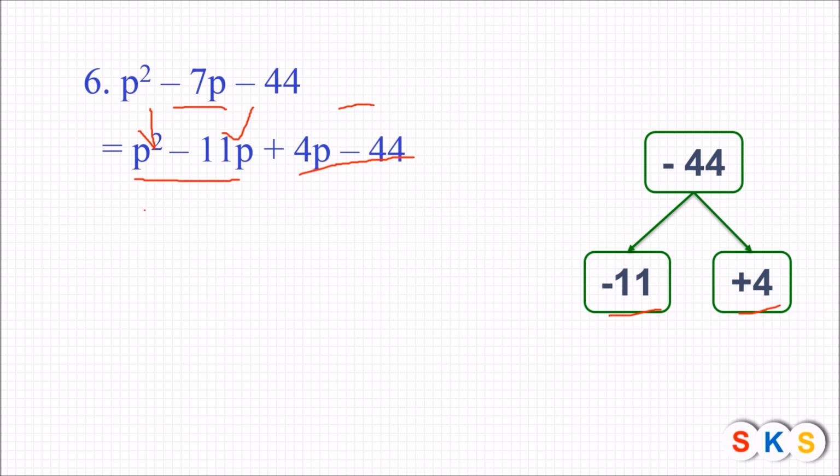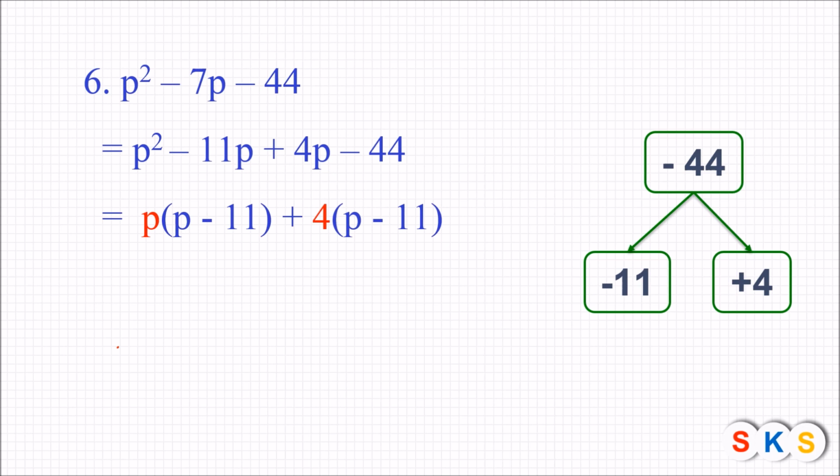And what is common in the next group? 4, because 4p I can write as 4 into p, and 44 I can write as 4 into 11. So what is common in the first group? P. And what is common in the second group? 4. So if I take the common, what will we get here? We will get here p in a bracket p minus 11 plus 4 p minus 11.